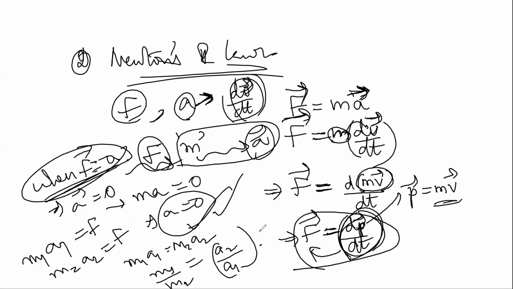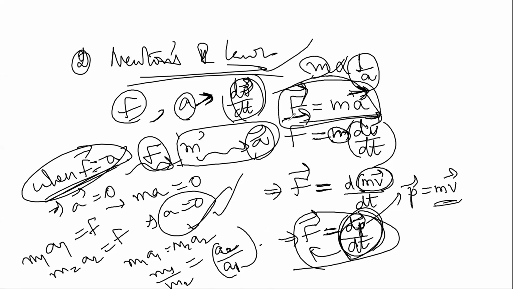So the ratio of masses of the two bodies is always equal to the inverse ratio of the accelerations. That is, m is inversely proportional to acceleration. This can be given by Newton's second law. Newton's second law gives you the force acting on a particle or on a body. So this also proves Newton's first law.